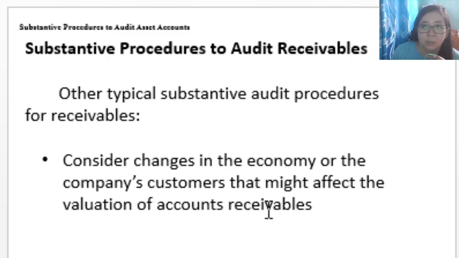So this is an analytical procedure which is paired with a substantive procedure to determine the accuracy as well as the estimates of the allowance for doubtful accounts for the entity, in terms of the environment in which the entity is operating, and if that estimate is also close to the other competitors in the same industry as well. So those are the substantive procedures that the auditor will perform in auditing the accounts receivable balance.